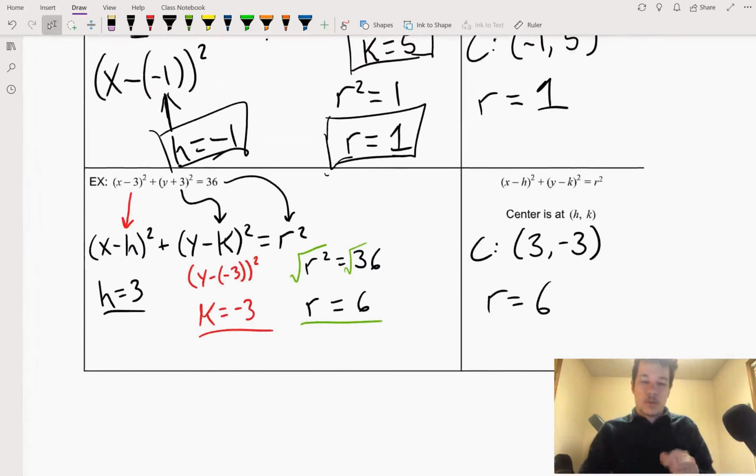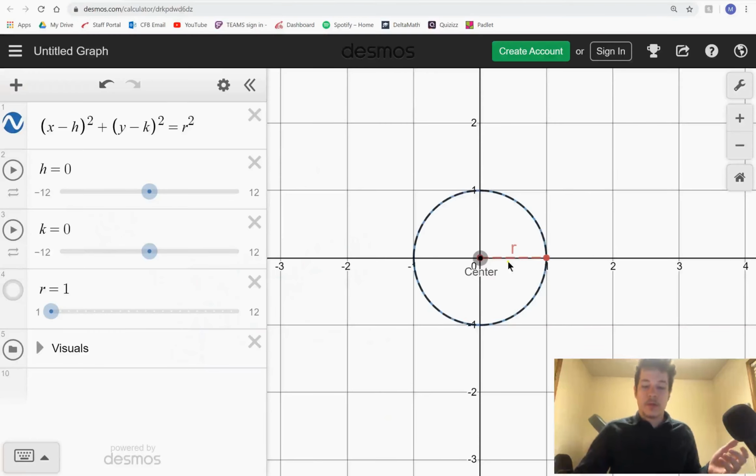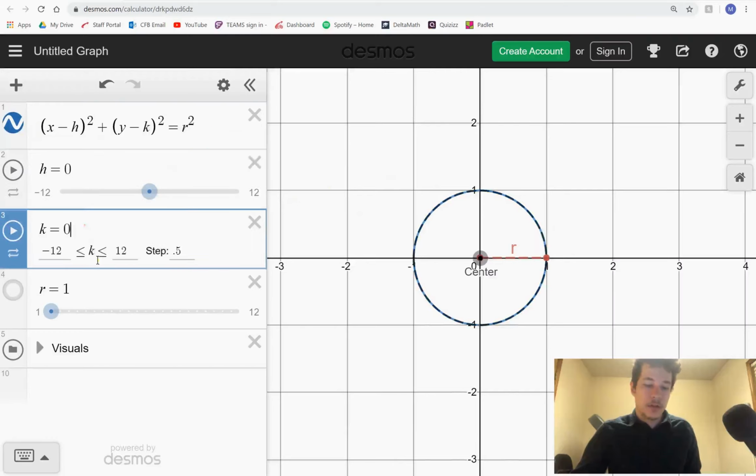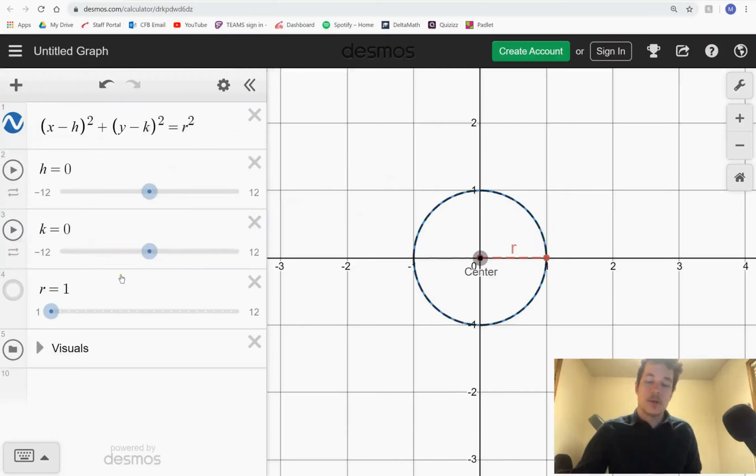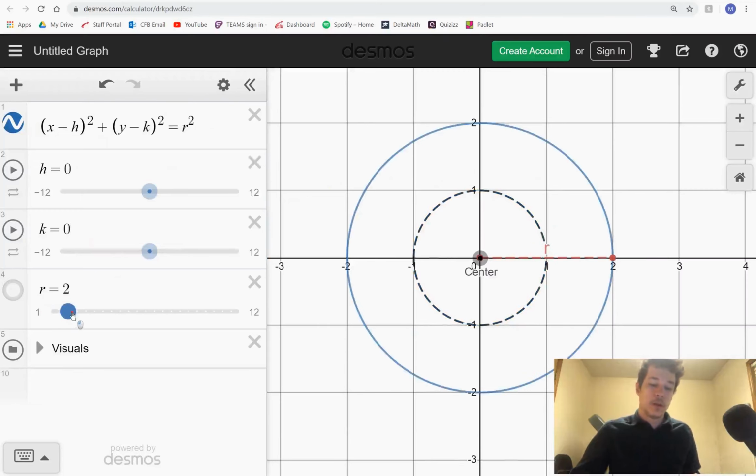Okay, now what I've done for you guys in the link in the description below is I've included this Desmos graph that can help you solve these problems. Here you can see this is the formula I've been using for those last three examples. And here you can see that I actually included sliders for h, k, and r. So for example, if you wanted a circle with radius 2, you can plot that.